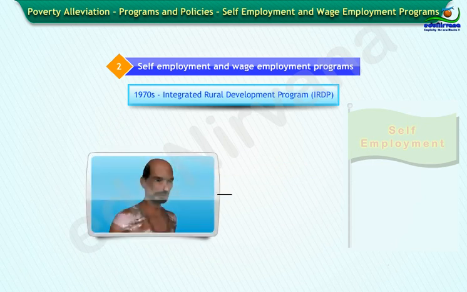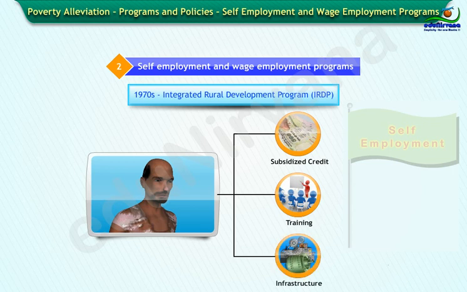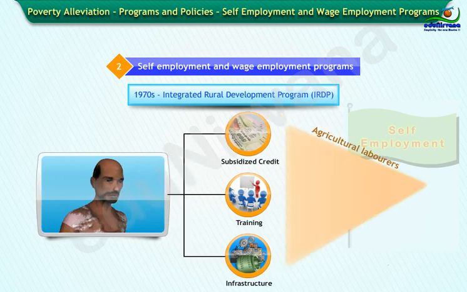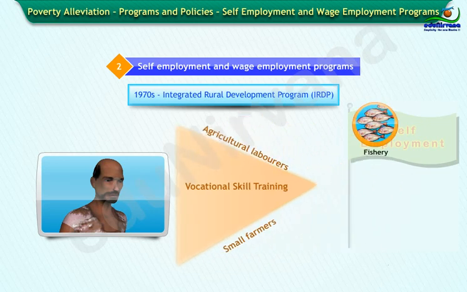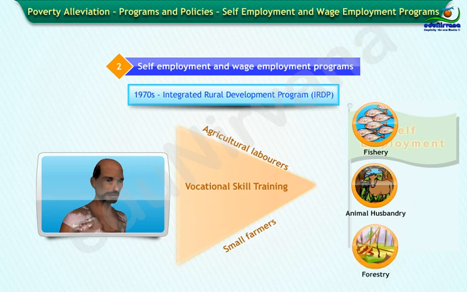The beneficiaries were given subsidized credit, training and infrastructure so that they could find and create new sources of earning themselves. In this scheme, agricultural laborers and small farmers received new skills to involve in vocations other than cultivating land. They included fishery, animal husbandry, and forestry.